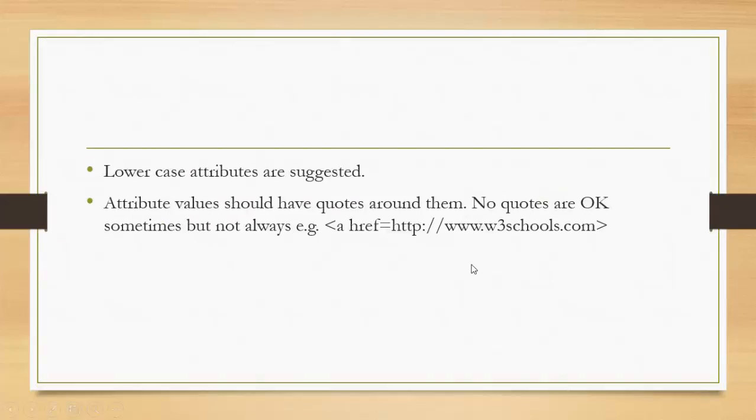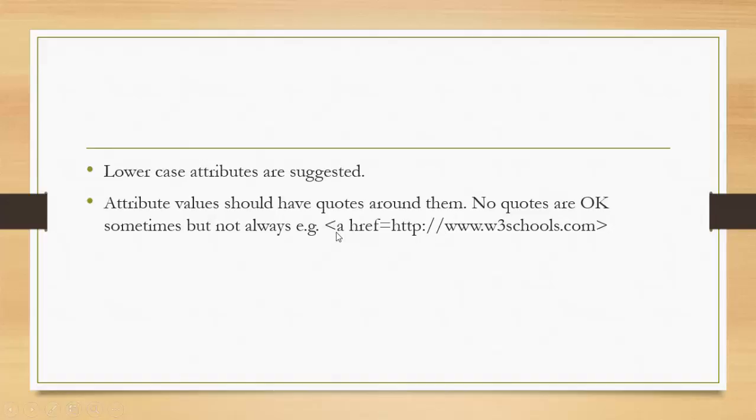As you already know, lowercase attributes are suggested for HTML, and always try to use double quotes for the values of attributes which you are going to assign. But sometimes without double quotes it is possible to run this attribute or the HTML element easily.